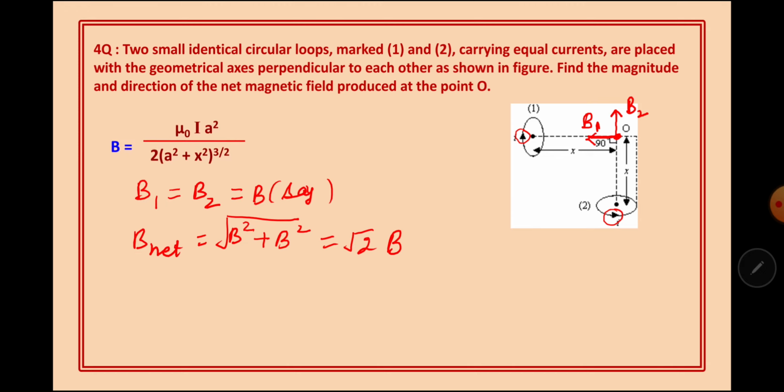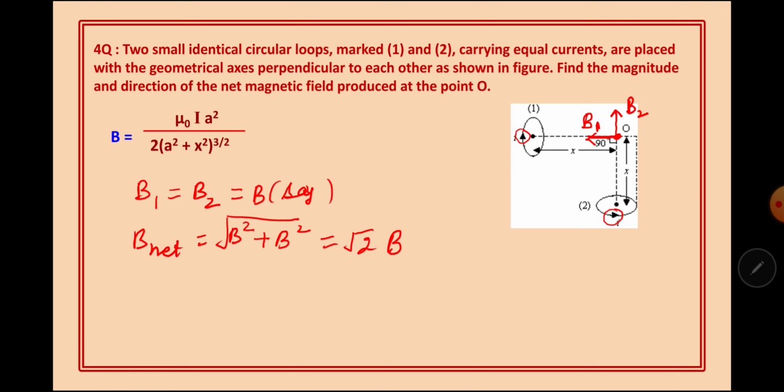For that, we'll simply use the formula that we have already learned for a point lying on the axis of the circular loop. We assume the radius of the circular loop is a, and we substitute in this equation. So I simply multiply this with root 2, and I get to know the net field.